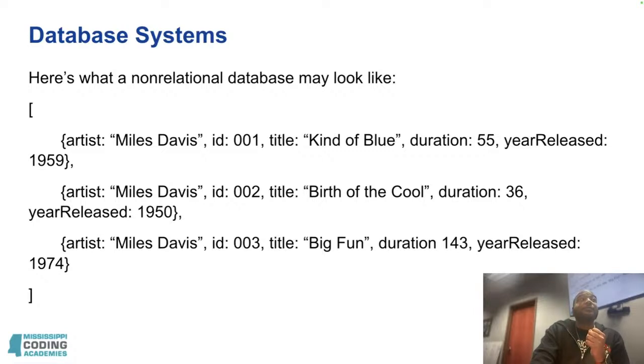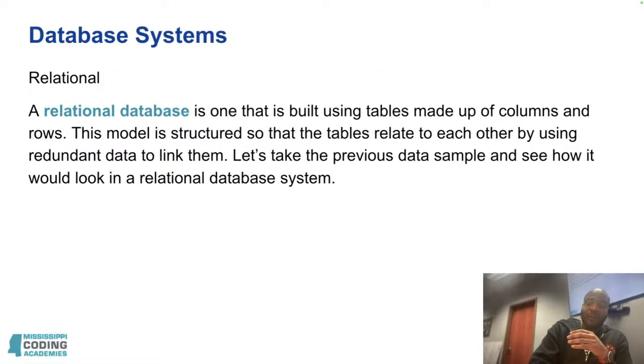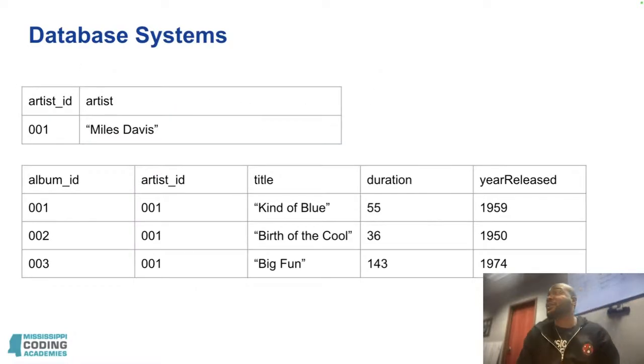It looks similar to what we've been doing with JavaScript. It looks like a JavaScript object. So I can certainly understand why someone will want to use this kind of system, because you're just familiar with it. Right. But let's look at the same information displayed as a relational database.